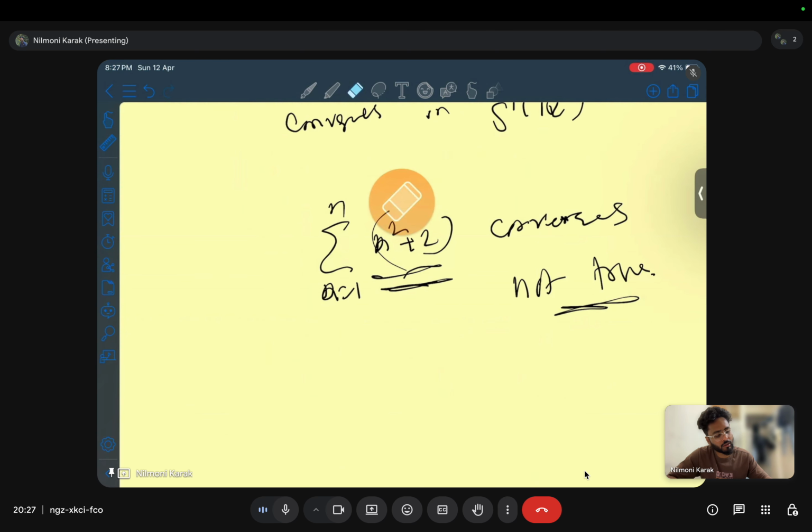Sorry, so this is 0. Derivative should be like this. k square is 0. So this is true only, but still this is not convergent.